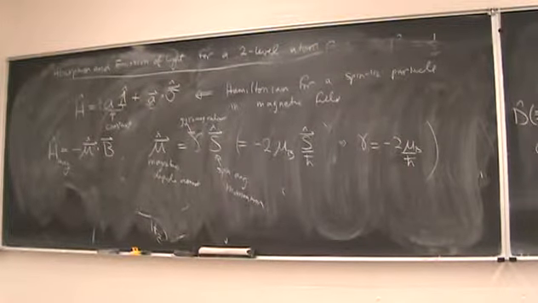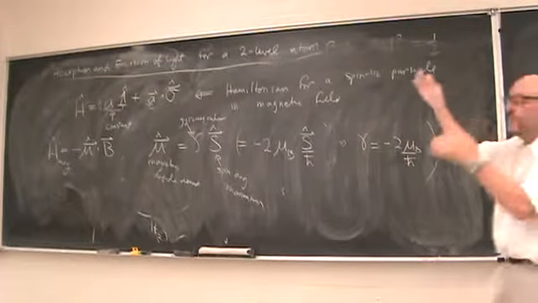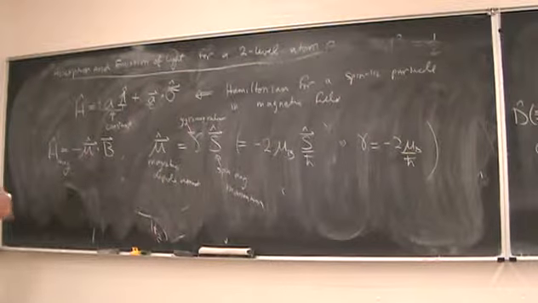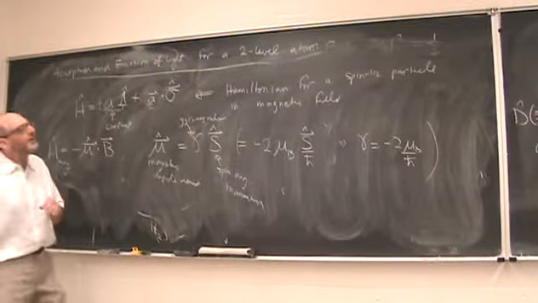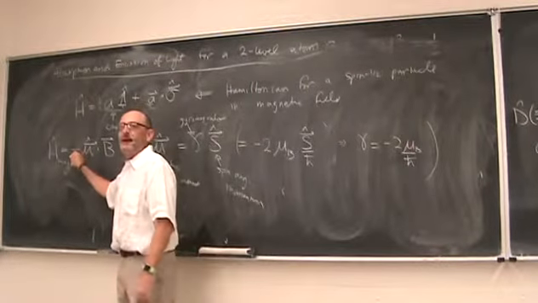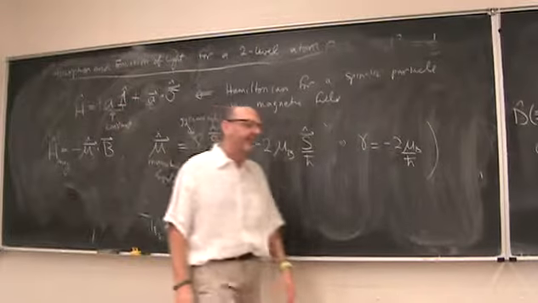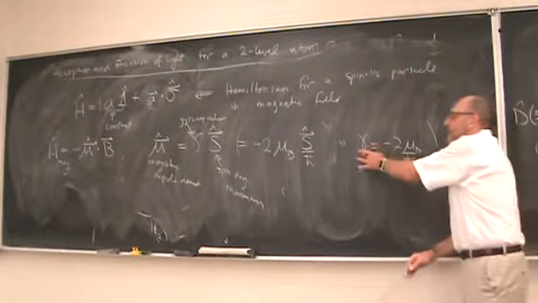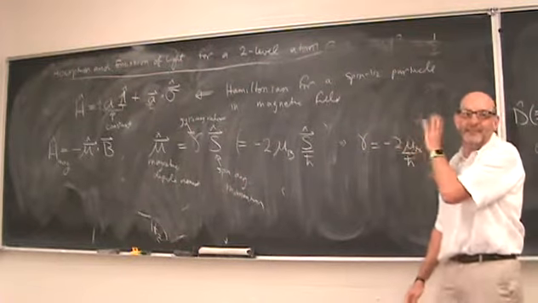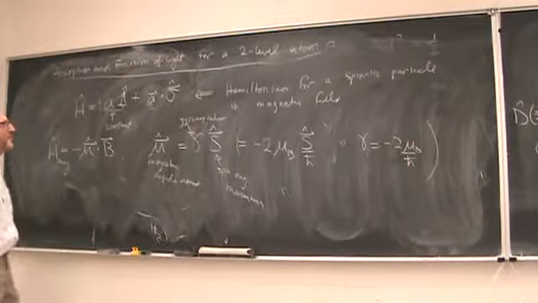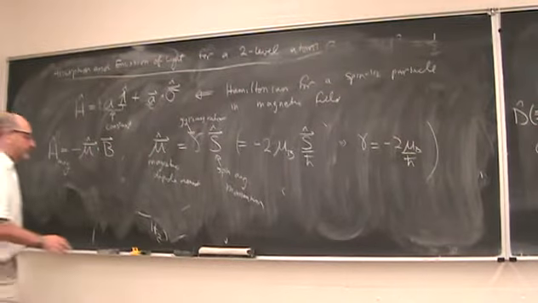It is a mathematical mapping between these two levels, E and G, and spin up and spin down. Okay, so keep that in mind. But it's convenient because it gets so confusing to keep around this minus sign over here. And I've gone back and forth after 10 years of teaching this course, and the way to absorb the minus sign is to make the gyromagnetic ratio negative. Okay? And think about this with the electron.